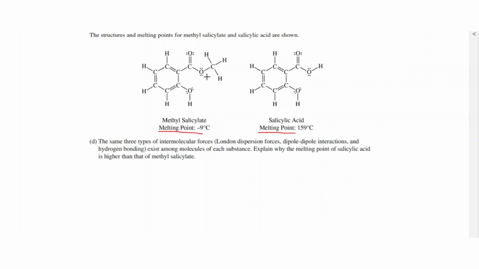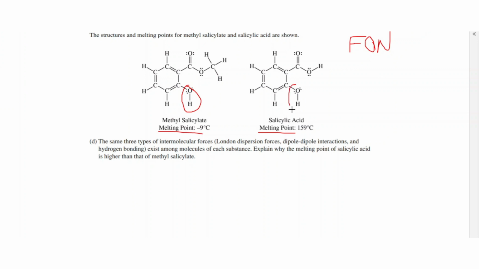So looking at this, we can see that our methyl salicylate can form hydrogen bonds. And we know that hydrogen bonds are formed with hydrogen bonding to F, O, or N. So we can see that right here. It's bonding to the oxygen here. But why is salicylic acid's melting point so much higher?